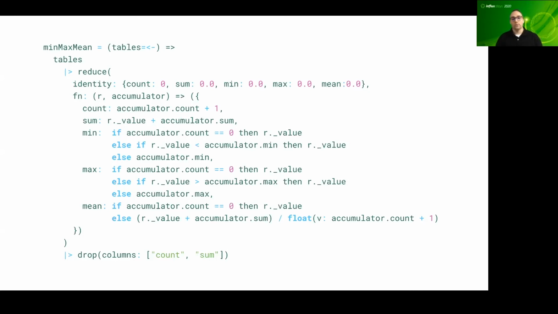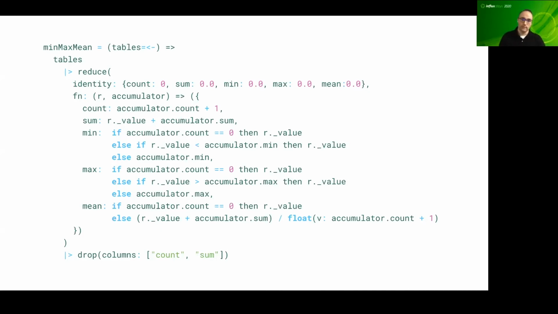But I also need to know if this is the first iteration of the reduce. As you look at where min is defined, if accumulator.count is equal to 0, then the minimum value is whatever the value is in the current row record.